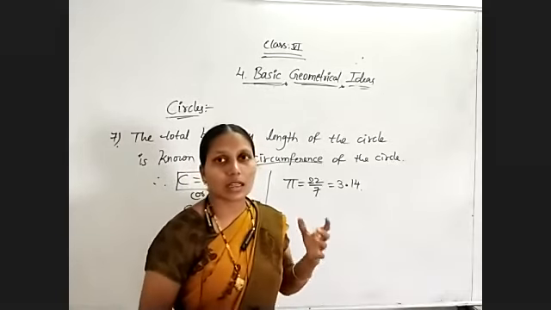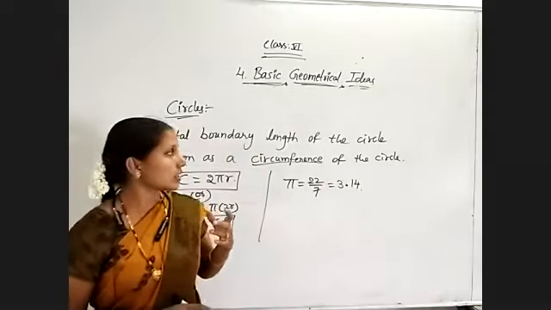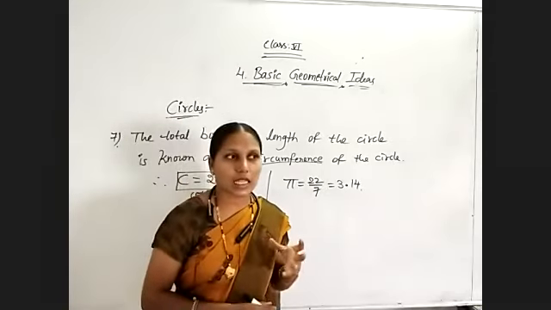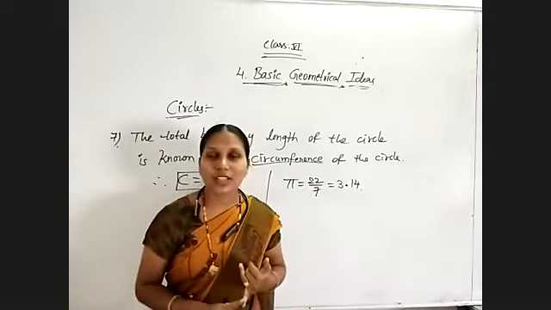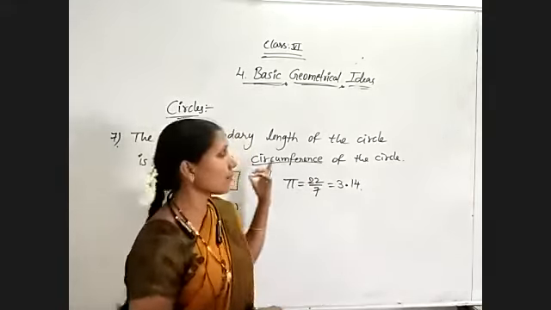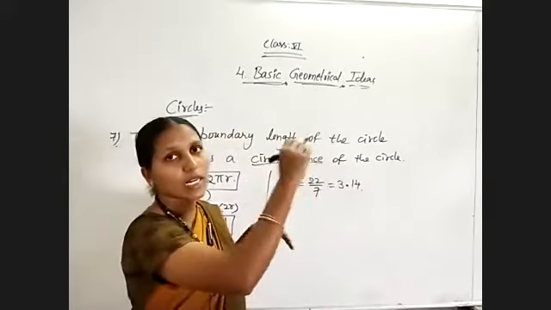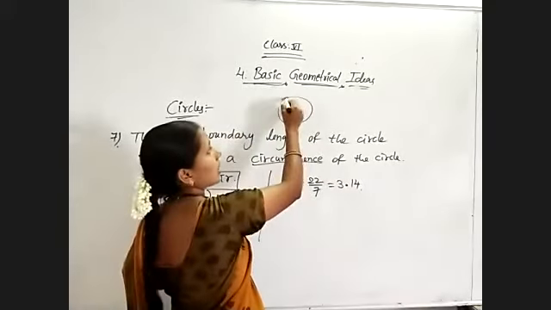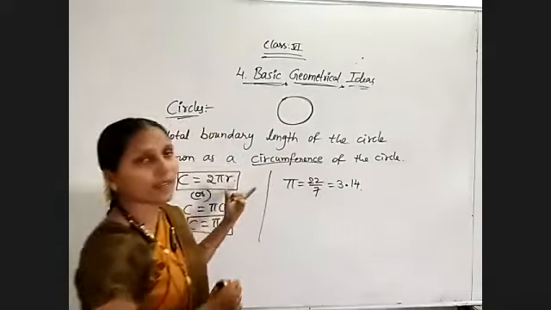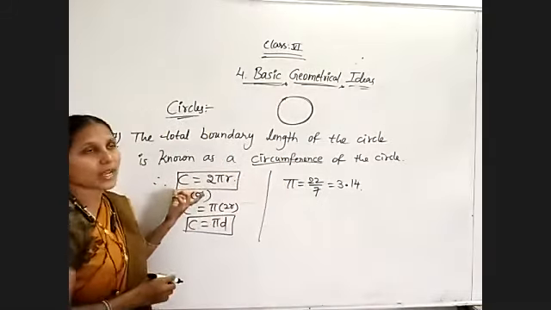And next, after that we have the arc. So an arc is some part of the circle. Okay, and then circumference. Circumference is the boundary length of the circle. This is a circle. The total length of the circle is known as its circumference, and it is given by the formula C is equal to 2 pi r.